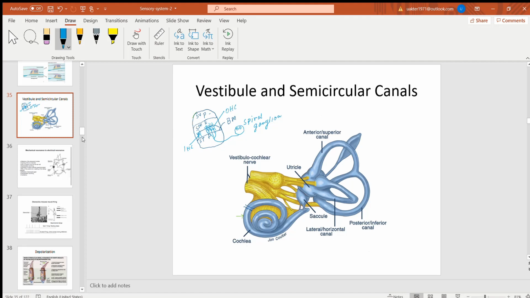One type of neurons are called type 1 bipolar neurons.